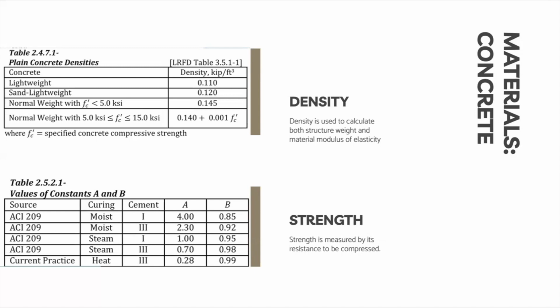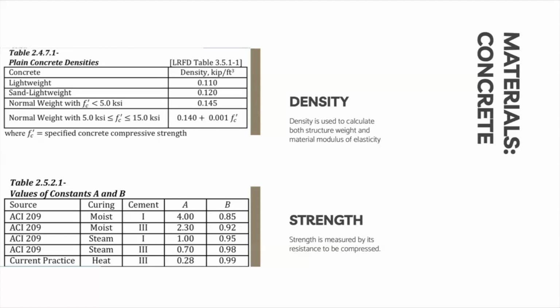Table 2.4.7.1.1 from the PCI Bridge Design Manual offers density values for plain concrete, with lightweight concrete assumed at 0.11 kips per foot cubed, though some products may achieve densities as low as 0.095 kips per foot cubed.